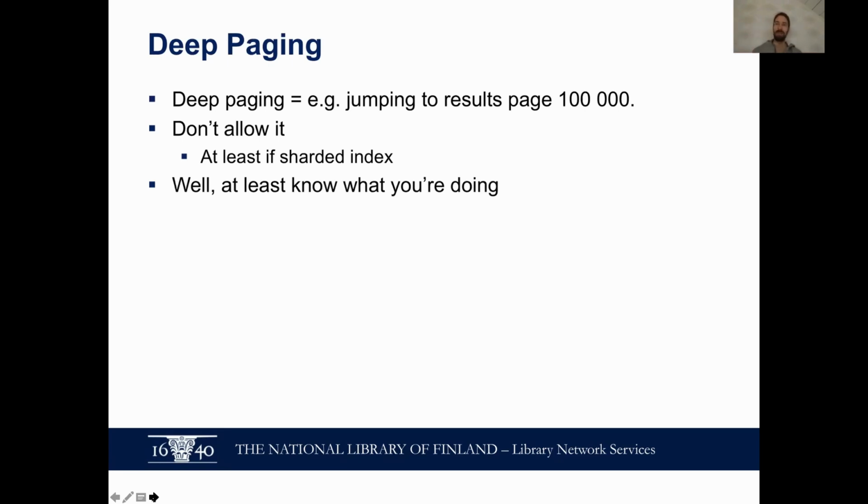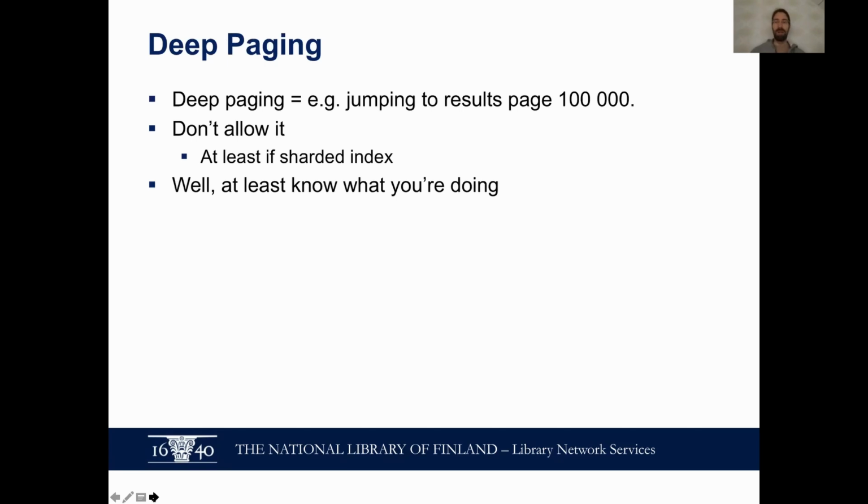That means gathering millions of record IDs, merging the lists, and then returning the last ones that are the correct ones. This means a huge load on memory. So it's pretty easy to bring a large Solr cluster to a halt, or just cause it to go out of memory by requesting too many results, or results from deep paging, or a page too high.